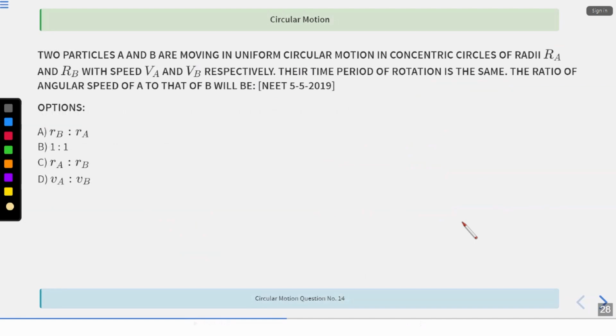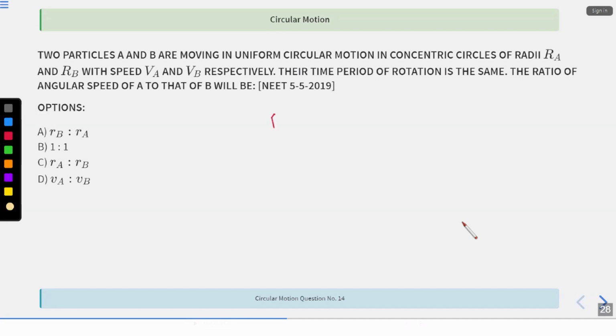Two particles A and B are moving in a uniform circular motion in concentric circles of radii RA and RB with speed VA and VB respectively. Their time period of rotation is the same. The ratio of angular speed of A to that of B will be.